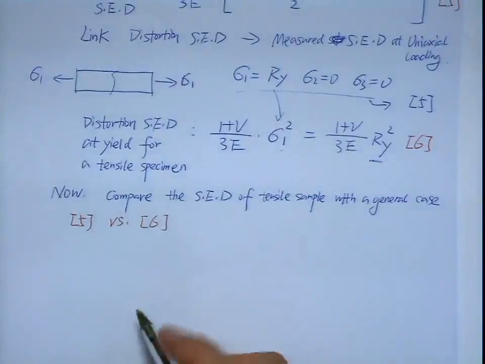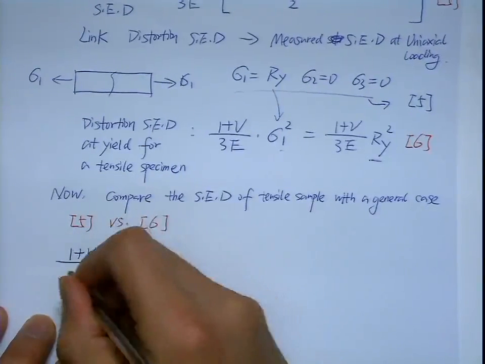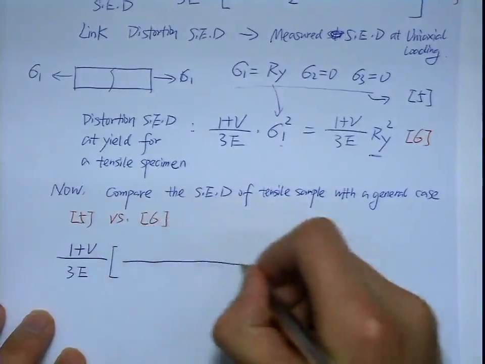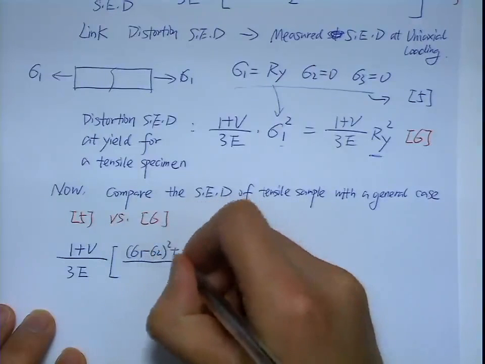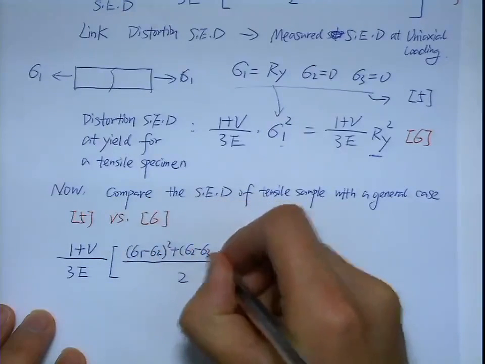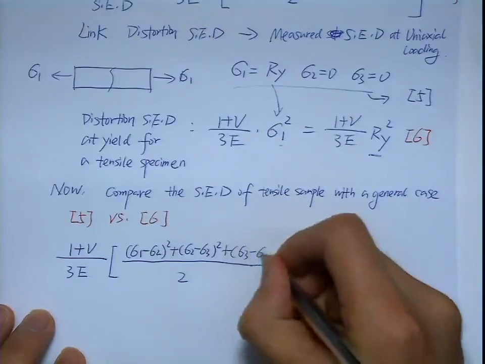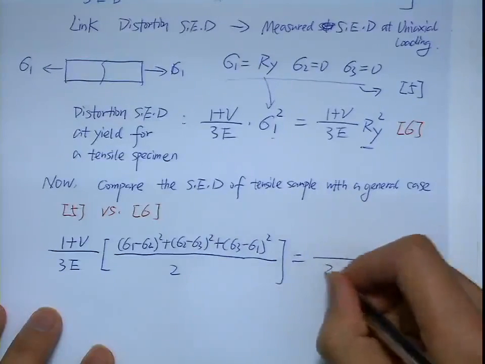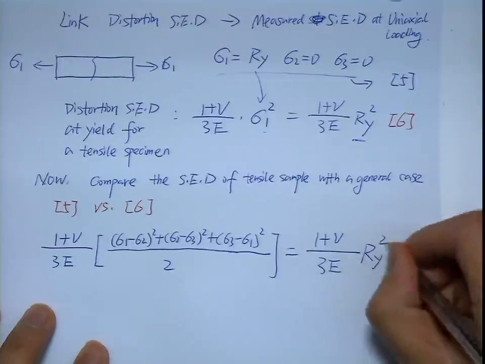What that give you? You will see the final simplified version after doing this. Equal to Ry squared.